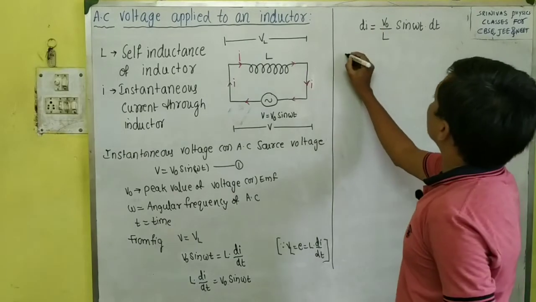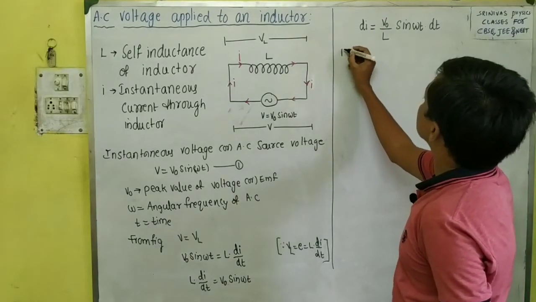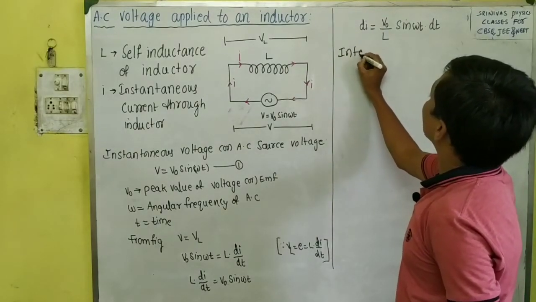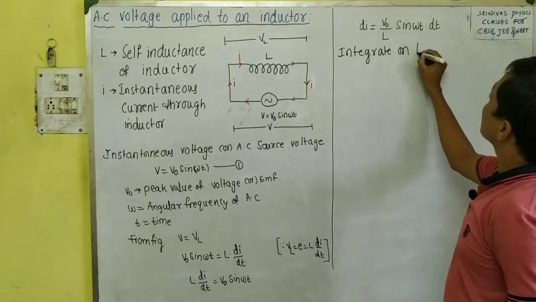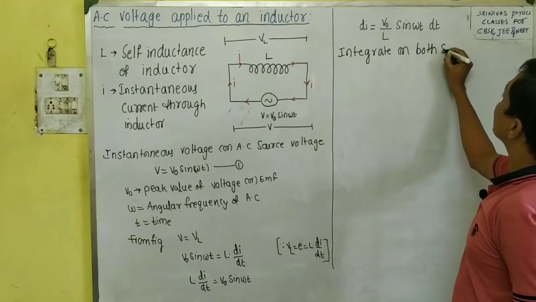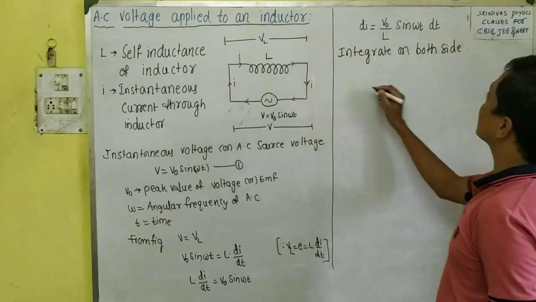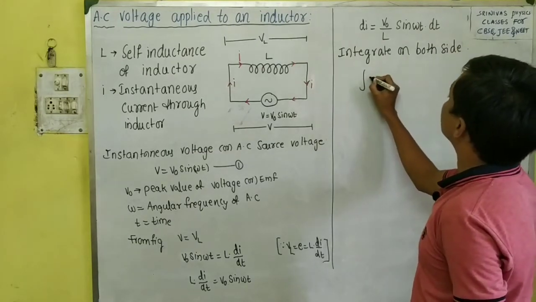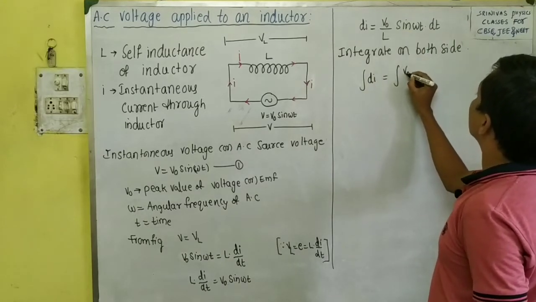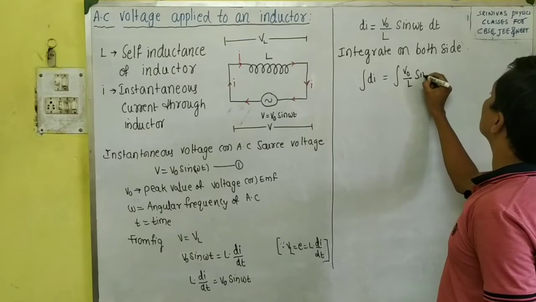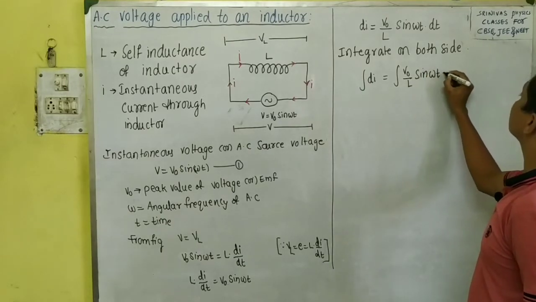And now I want the total current, so integrate on both sides. Then we will get the total, instantaneous current. That is, integration di is equal to integration V0 by L sin omega t dt.